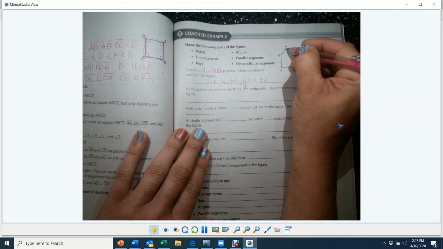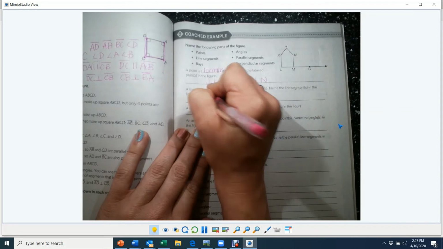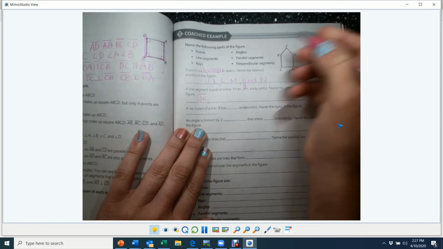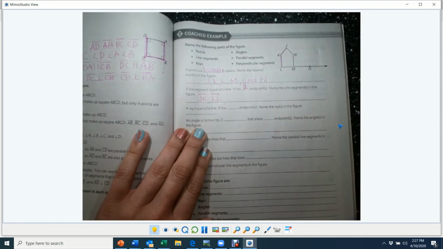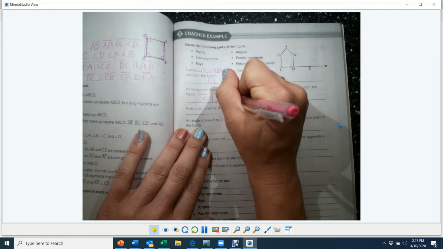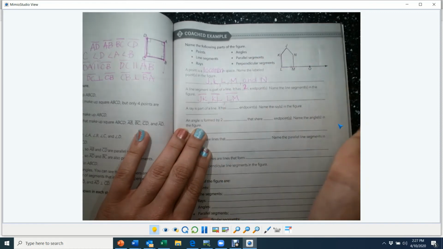So we have J to K, starts at J, stops at K. So we're going to write JK and we're going to do our line segment. Then we have K to L. So we're going to write a K and an L with a little line segment. Then we have L to M. Just like that.